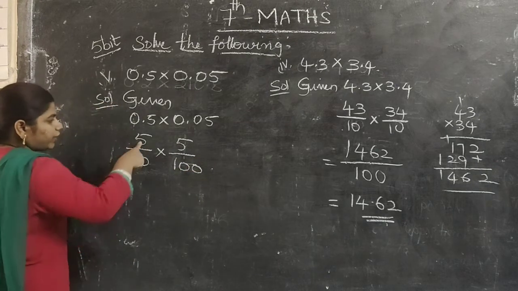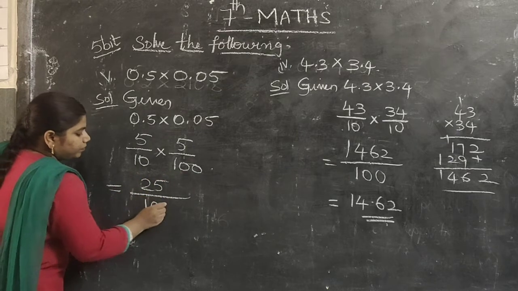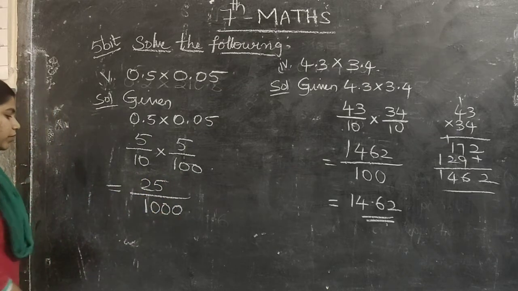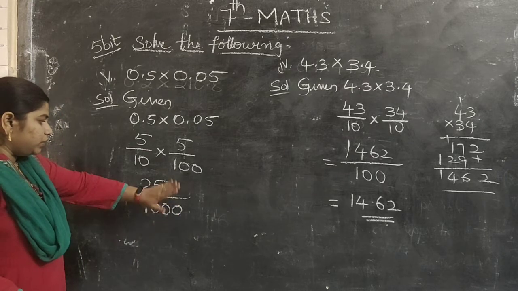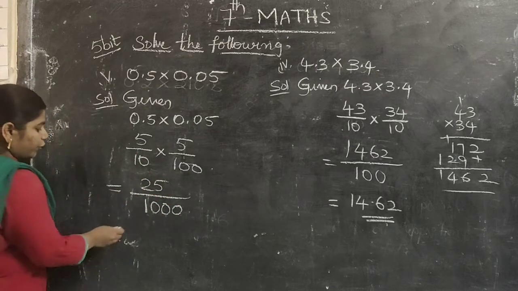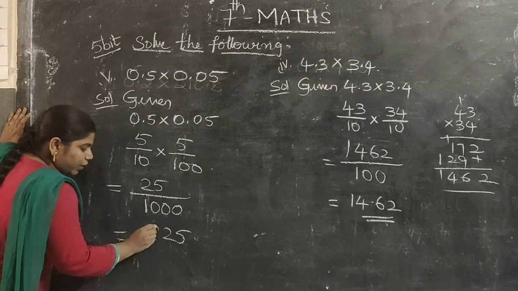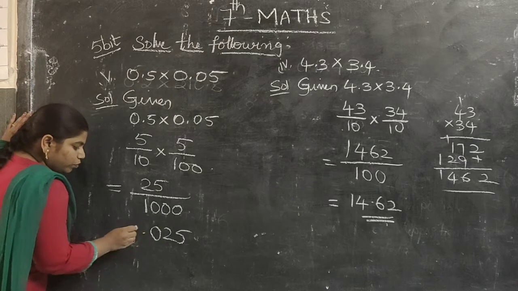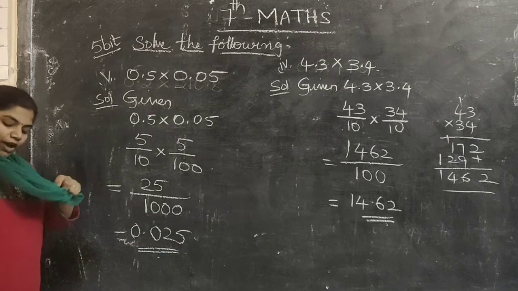So 5 into 5 is 25 by 10 into 100 will be 1000. So in denominator you are having 3 zeros. So if you want to remove this denominator, after 3 digits you have to keep a point. So first digit, second digit, third digit you don't have anything, so I am taking it as 0.0. So what is the result here? 0.025.